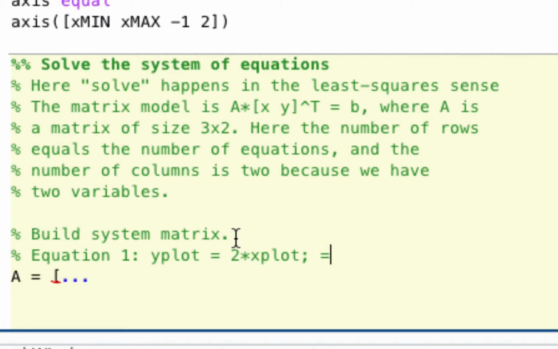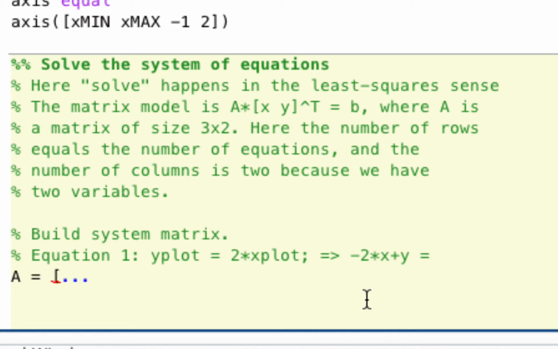So this means that, let's see, if we move this 2 times x to the left side of the equation, we see that there is minus 2 times x plus y equals, what does it equal?